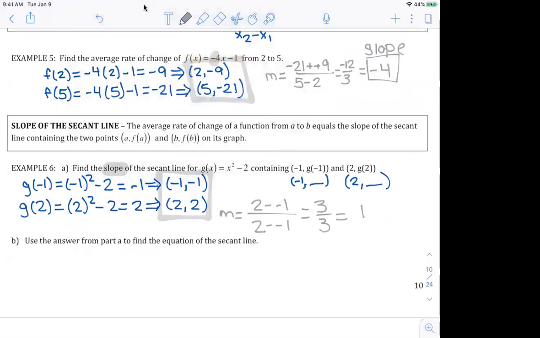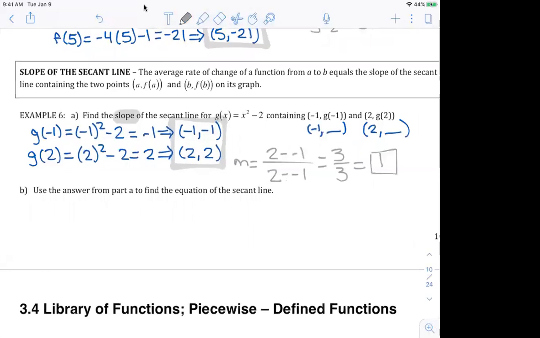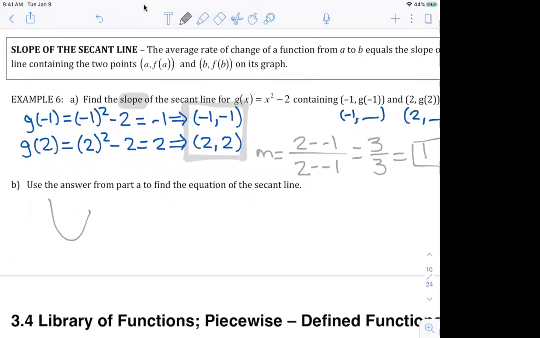So your slope is 1 in this problem. If they tell you 2 other points, you can get a totally different answer, okay? Because this is a U-shaped problem. Depending on what points they ask, your slope is going to change. The secant line is the line that is going to look like this. Depending on where you do it, the slope looks totally different, right? So it depends what those x values are that they give you.